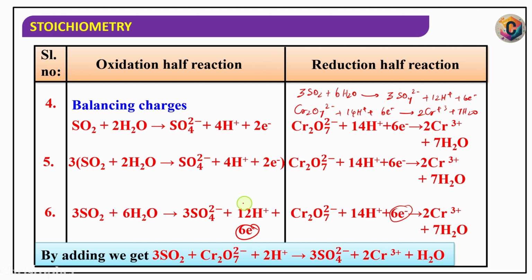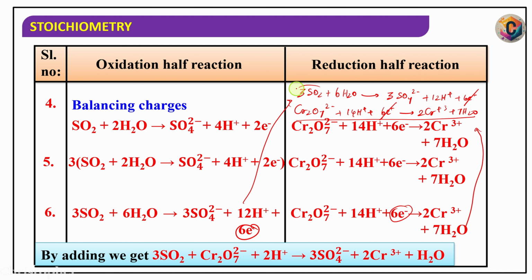I have just written these two equations here. Then what's the rule? The rule to add these two equations is to cancel if you have anything in common. If not, you can add everything, whatever is given on the reactant side and whatever is given on the product side. You can add it straight away.